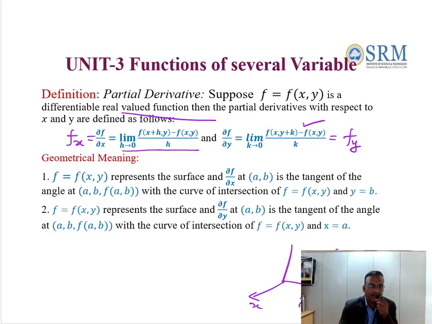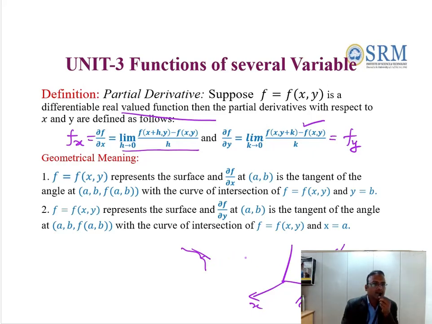That means we have to fix a plane which is passing through y equal to b. If we pass the plane, then the plane will intersect the surface and generate a curve like this. Then dou f by dou x is the tangent which makes an angle theta with this curve of intersection of the plane y equal to b and f of x comma y. That is your dou f by dou x.